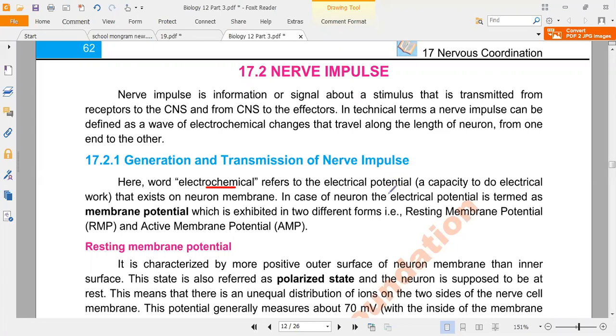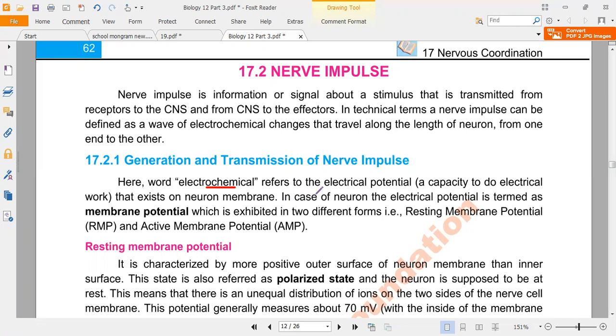We can take the example of a battery, which has charges in it. We can do lots of work with that battery, because it can move the charges from one place to another. So here also, electric potential means distribution of charges and movement of charges along the neuron membrane.